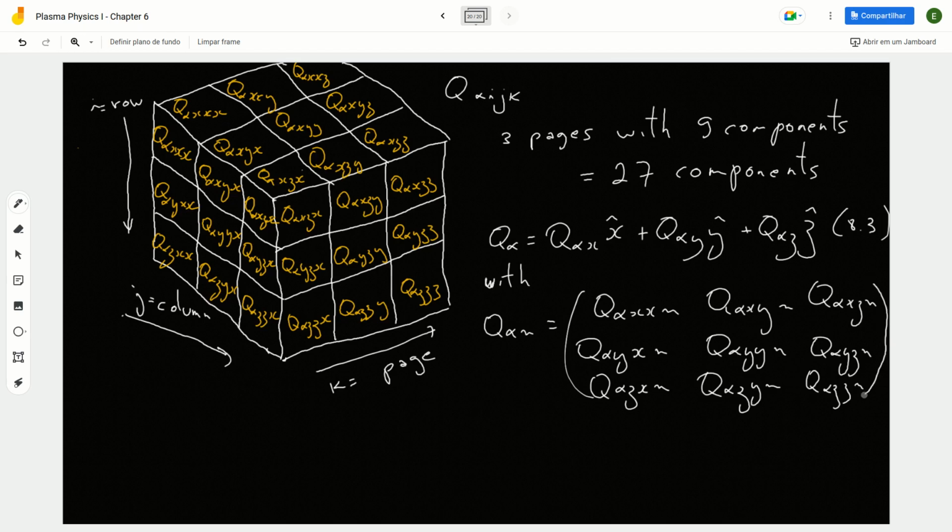I think that is correct. If I didn't mess up anything, no, I think this is it. These are the components of each page.